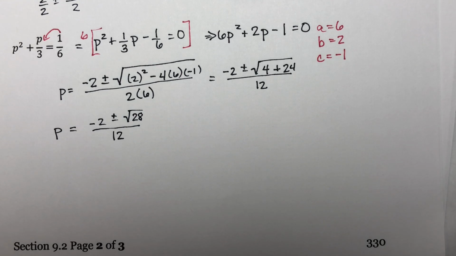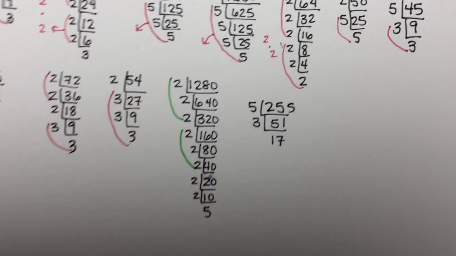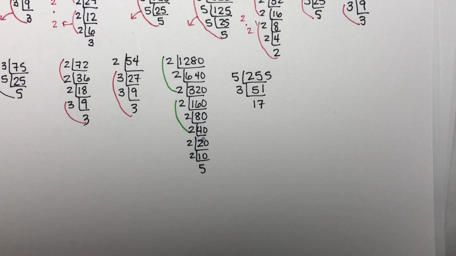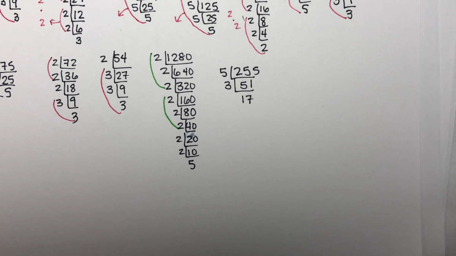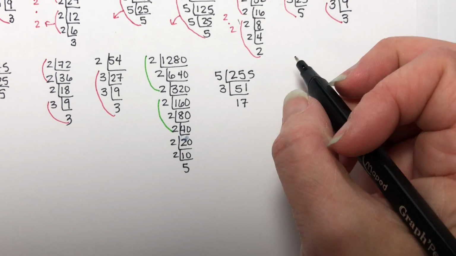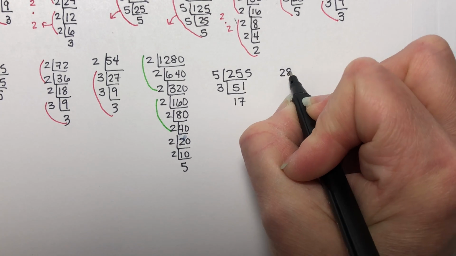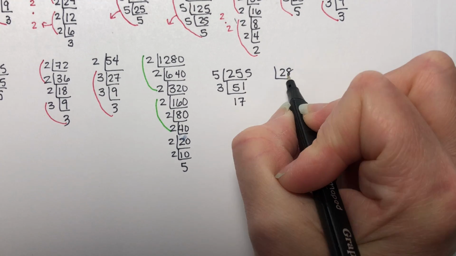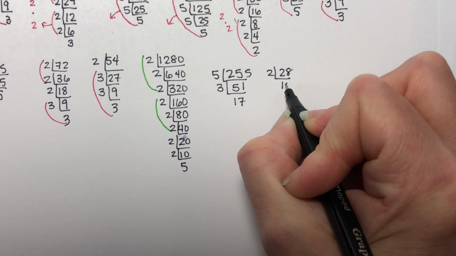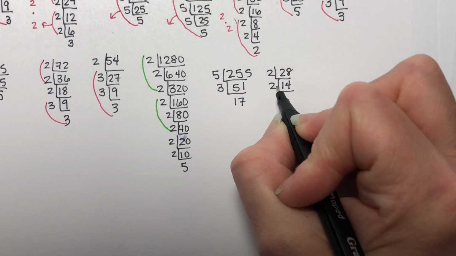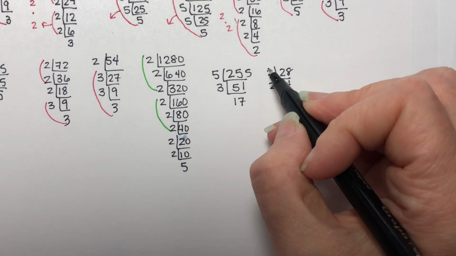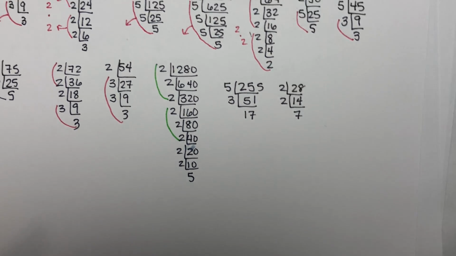Now we need to simplify the square root of 28. I'm glancing through our sheet to see if I see 28 anywhere, and I don't think we have it yet. So 28, that is divisible by 2 to give 14, which is divisible by 2 to give us 7. So its square root will be 2 square roots of 7.